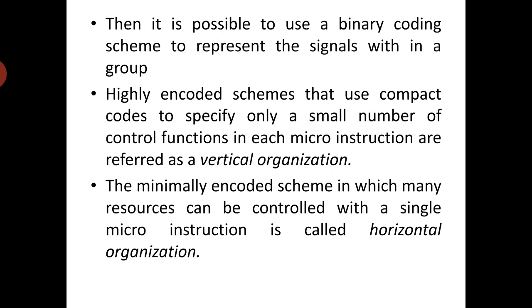Our processor has 4 general purpose registers from R0 to R3, so the output control signals are R0 out, R1 out, R2 out, R3 out, and the temporary register output control signal.